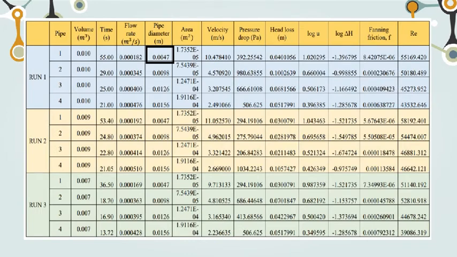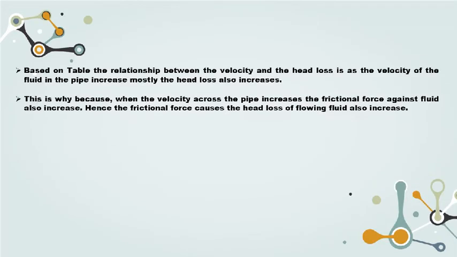So these are the data we obtained throughout experiment A. Based on the table, the relationship between the velocity and the head loss is that as the velocity of the fluid in the pipe increases, mostly the head loss also increases. This is because when the velocity across the pipe increases, it will increase the frictional force against the fluid, and the frictional force causes the head loss of the flowing fluid in the pipe.